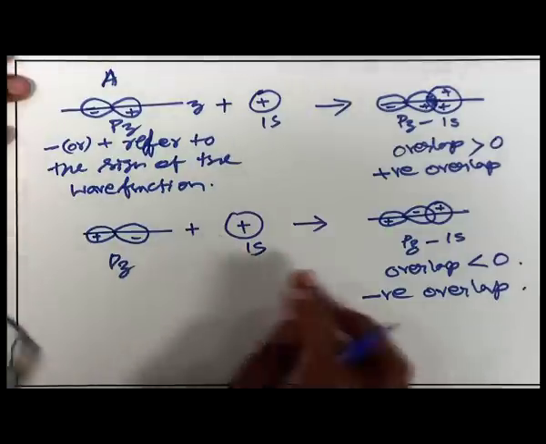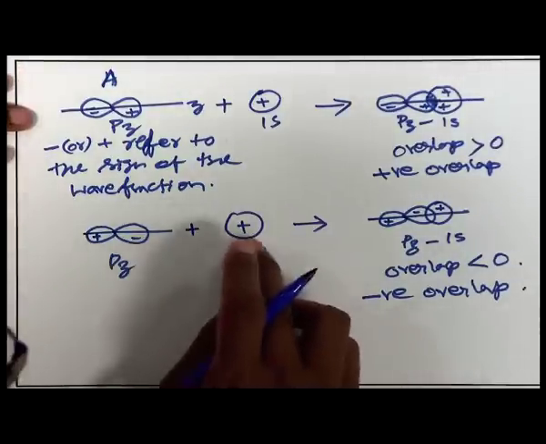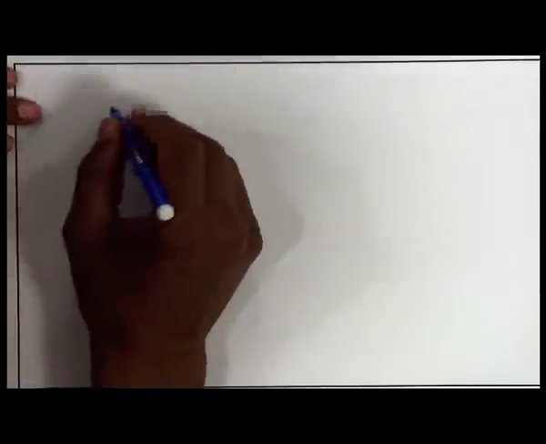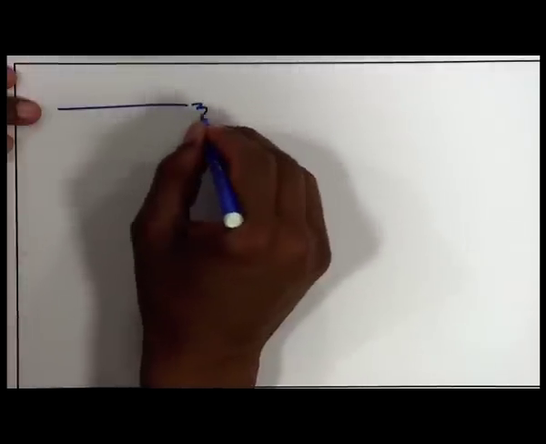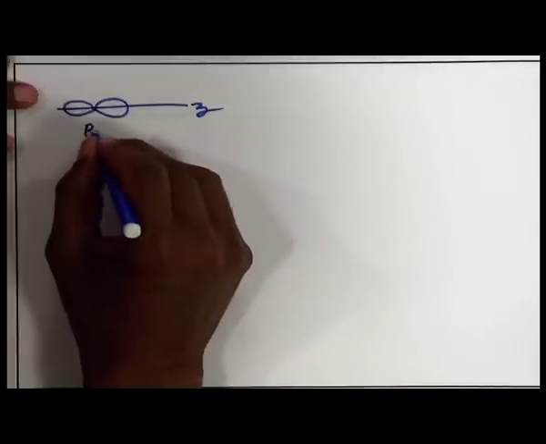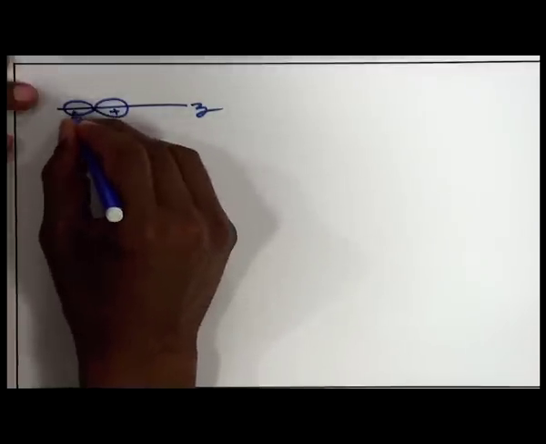So, so far we have seen overlap of the s orbital and pz orbitals. Now, let us see overlap of the p orbitals. This is the z axis, and you have one pz orbital.